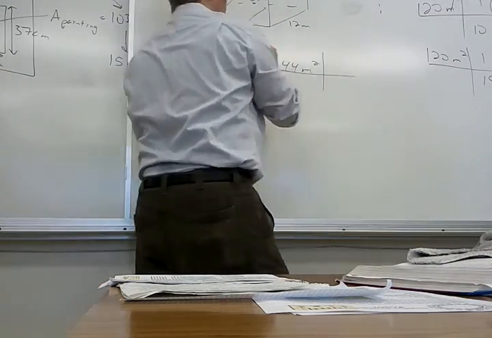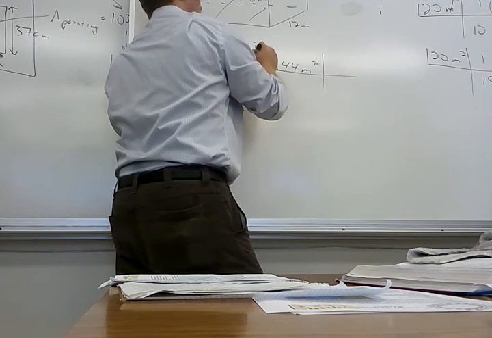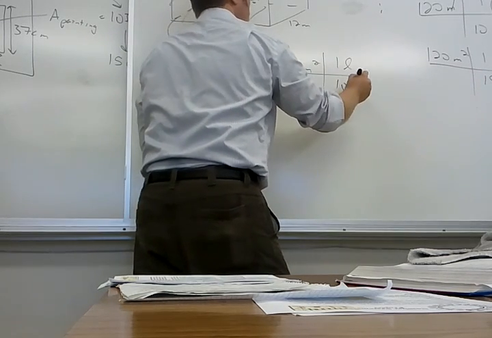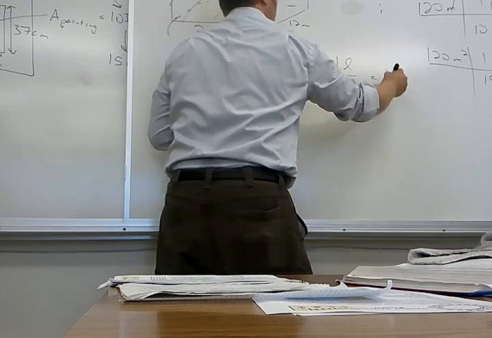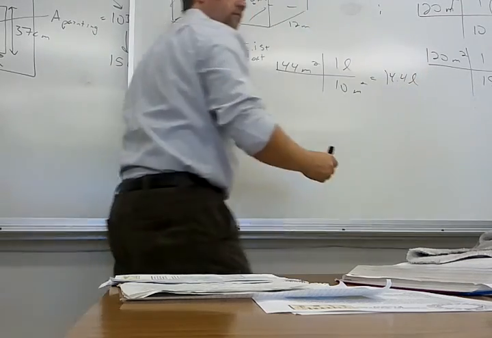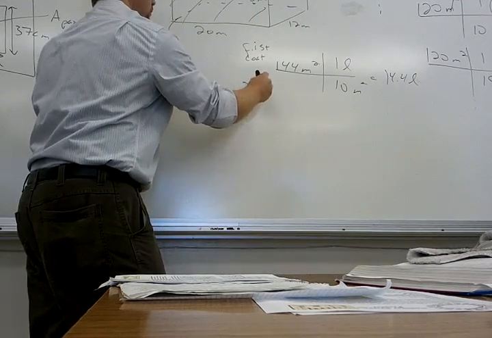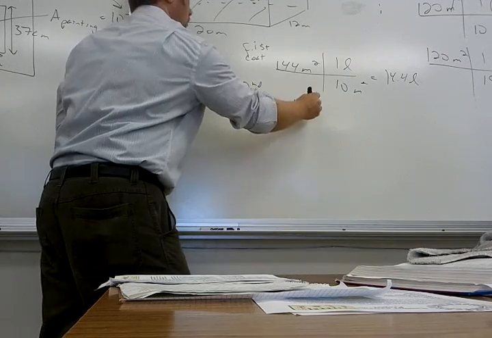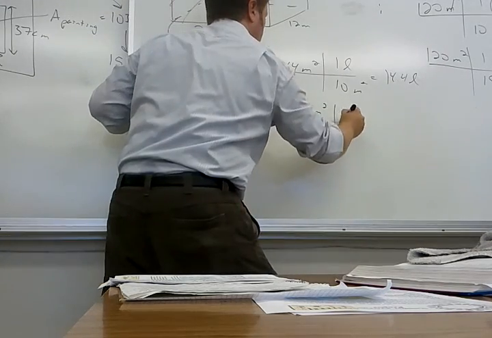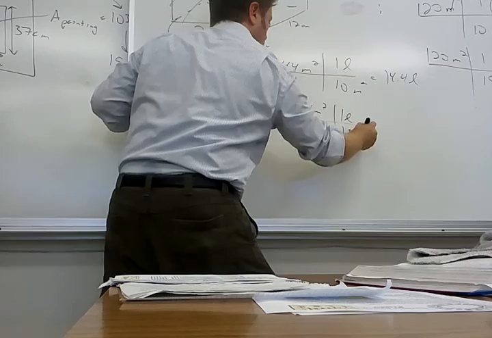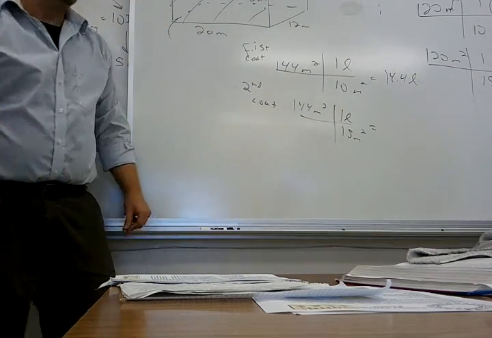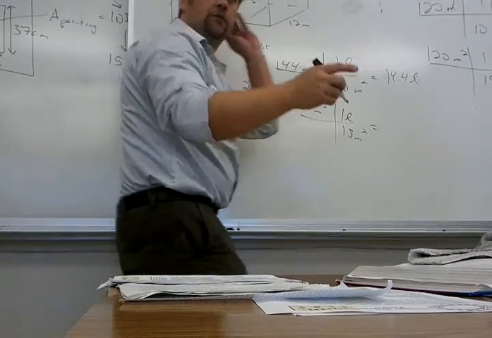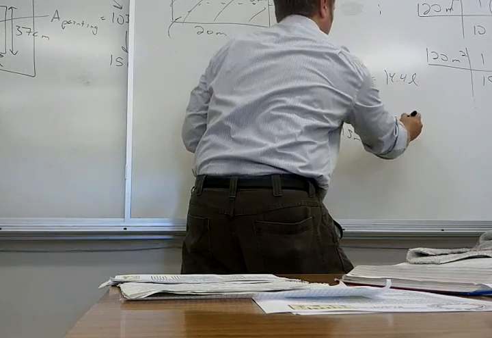For the first coat, it's 1 liter for every 10. So that's 14.4 liters, right? Second coat, it's 1 liter for every 15. That's 9.6.